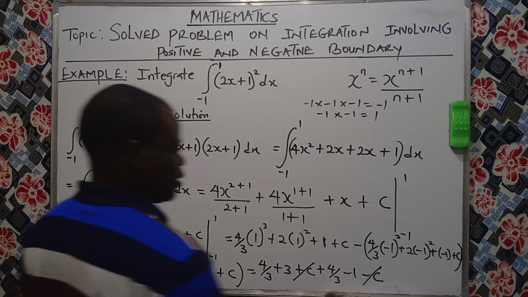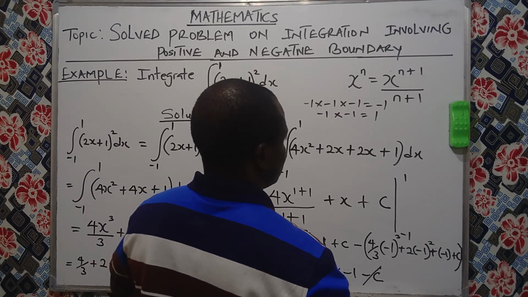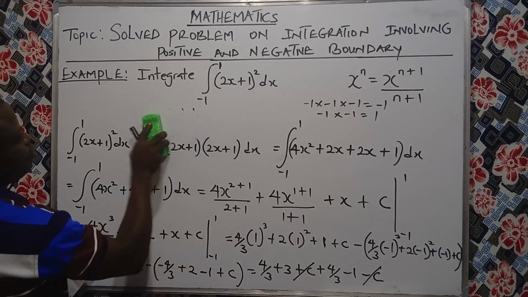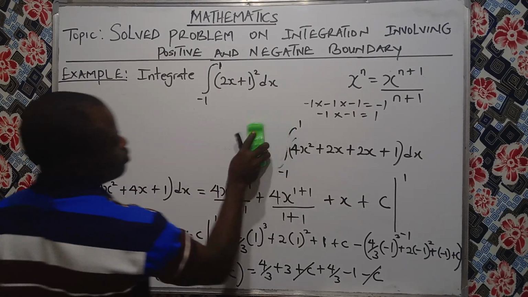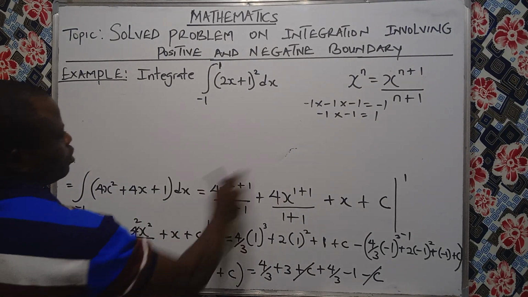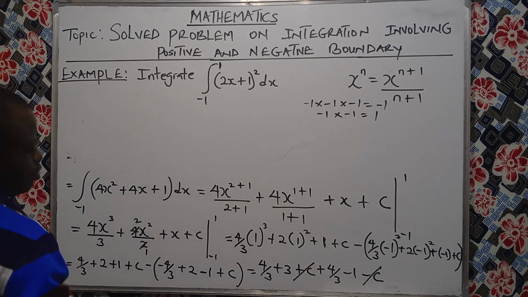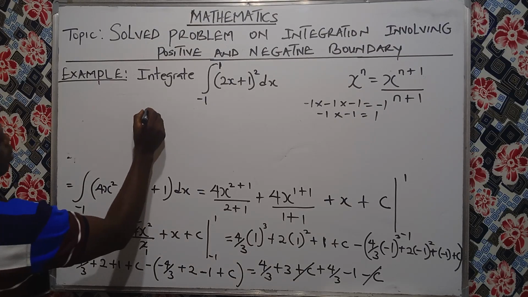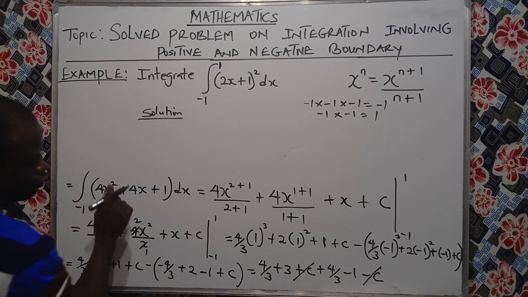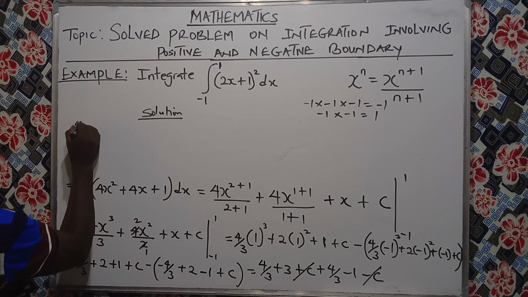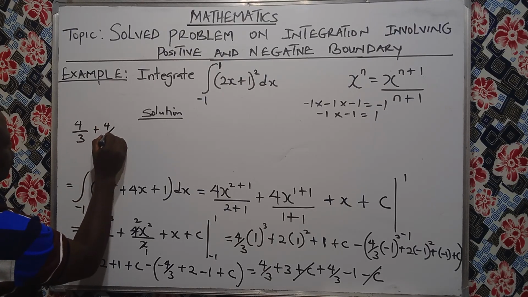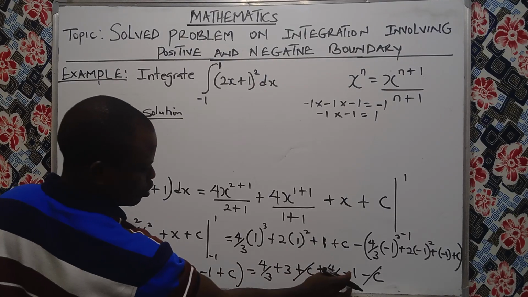Now our expression goes thus: 4 over 3 plus 4 over 3, plus 3 minus 1.